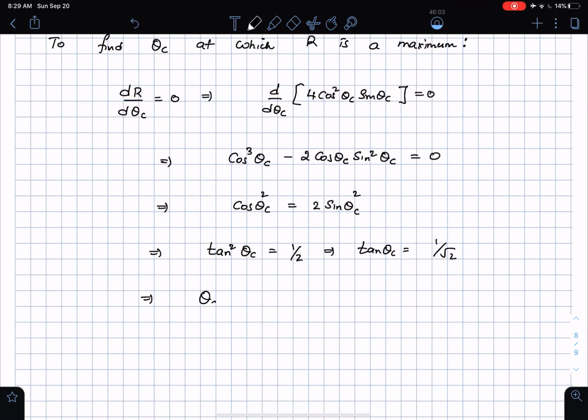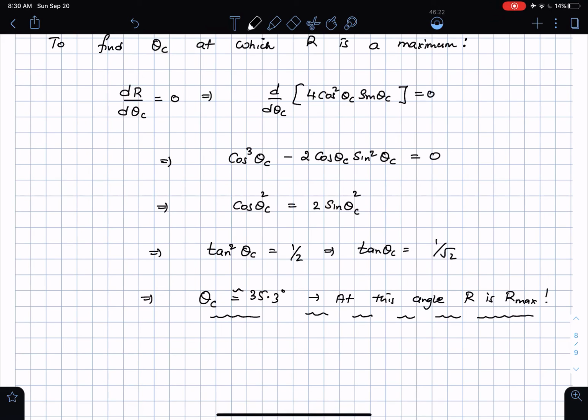This tells me that theta c, the angle at which I need to cut, is approximately 35.3 degrees. So at this angle, R is R max. That is the end of this problem. It's a very nice problem.